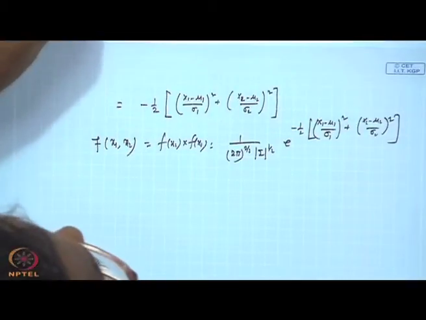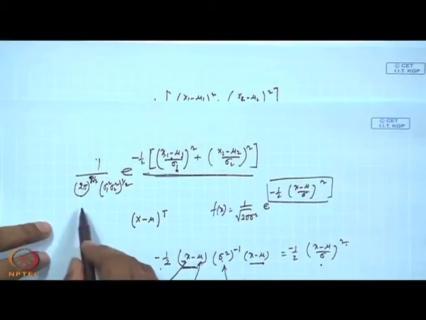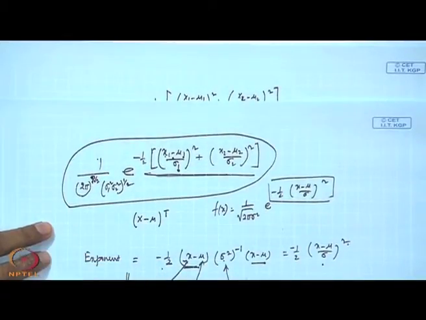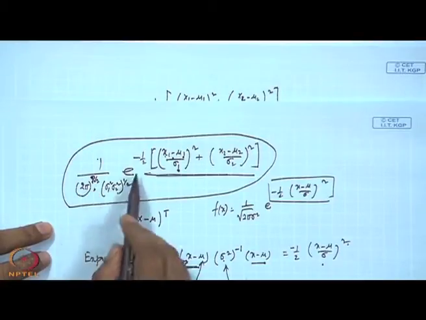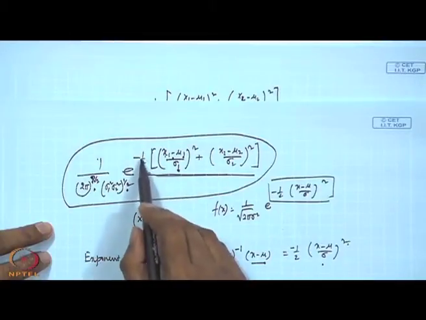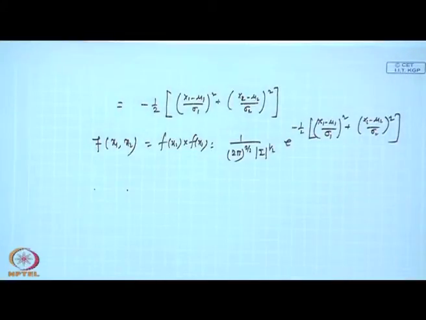I am showing that earlier, when we multiplied the two, what we got here: 1 by 2 pi to the power 2 by 2, sigma 1 square sigma 2 square to the half, then minus 1 by 2, x 1 minus mu 1 by sigma 1 square, this one. And here what are you getting?